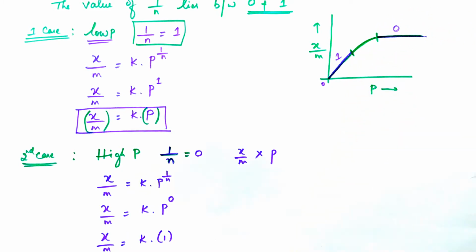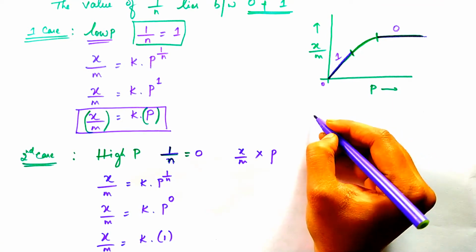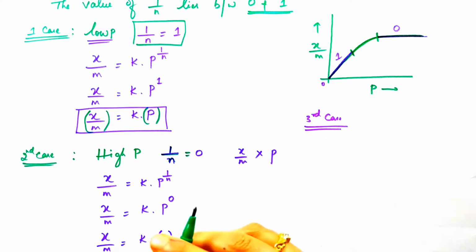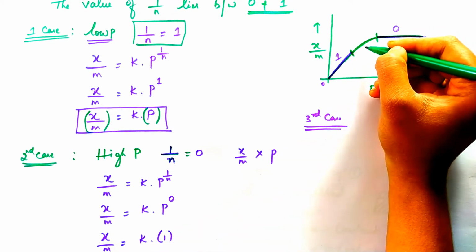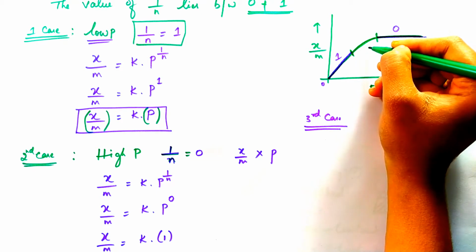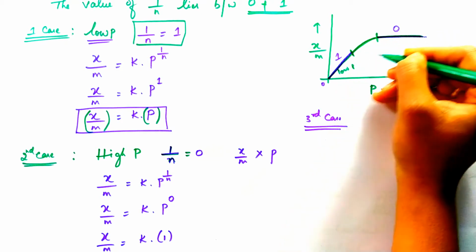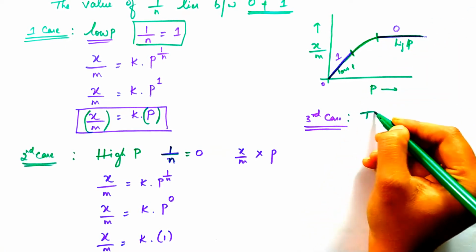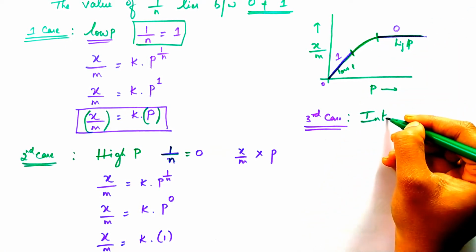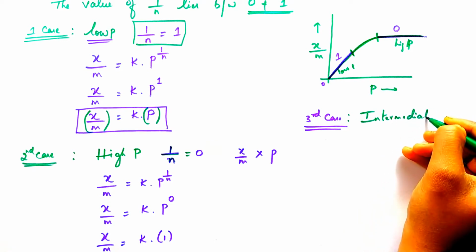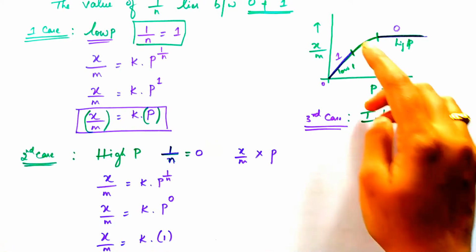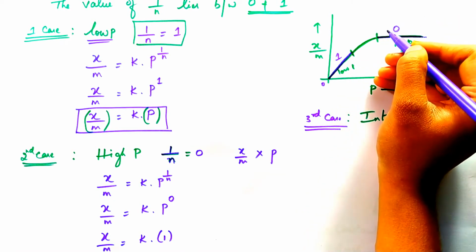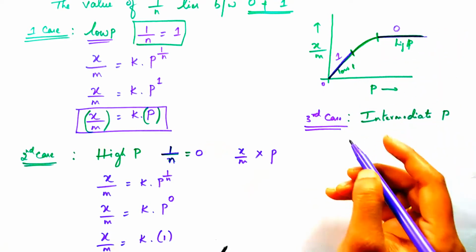Again, there is one more case, the third case. We call this curve intermediate pressure. It is low pressure and high pressure. Here, intermediate pressure. At intermediate pressure, the value of 1 by n lies between 0 and 1. That means it may be 0.1, 0.5, like that.